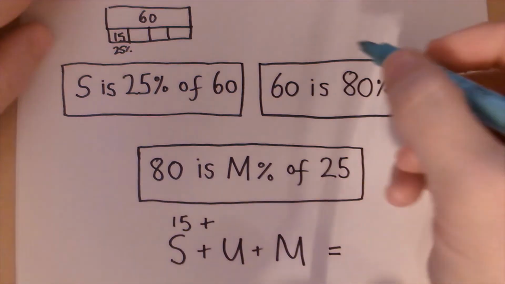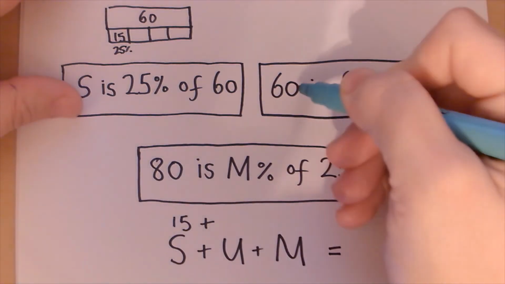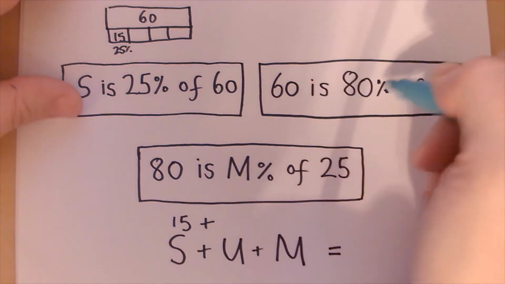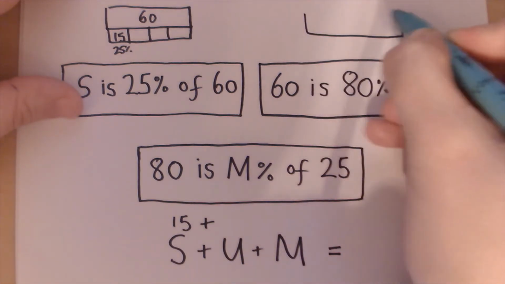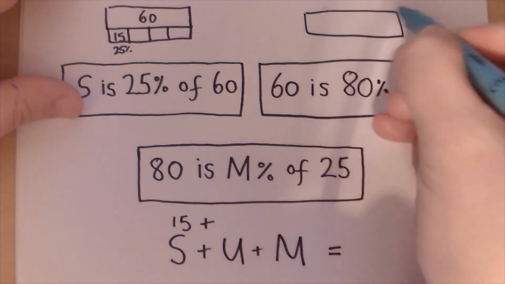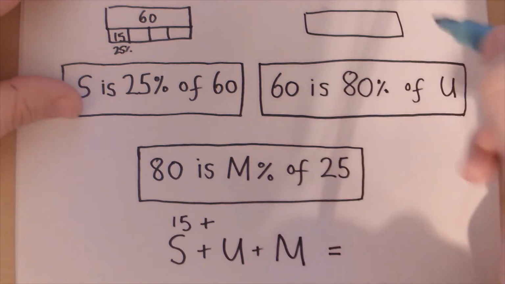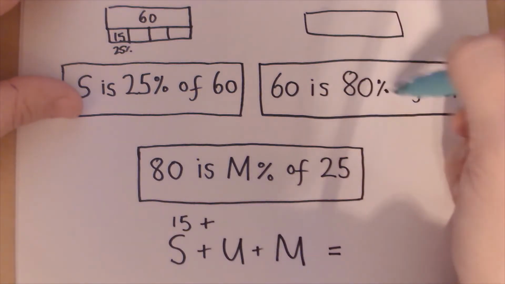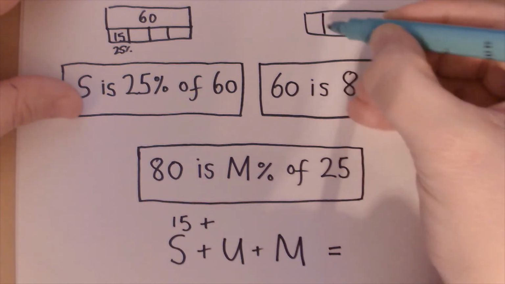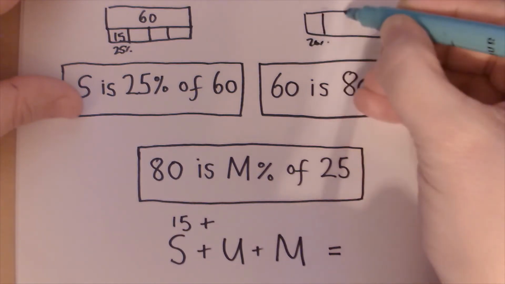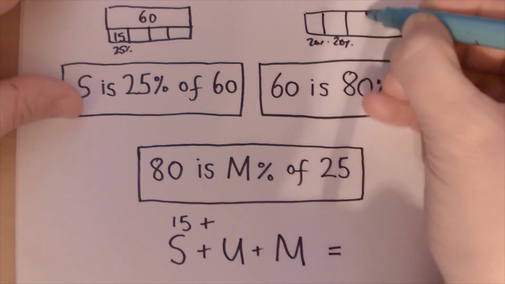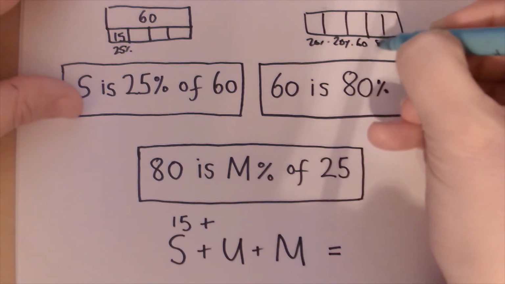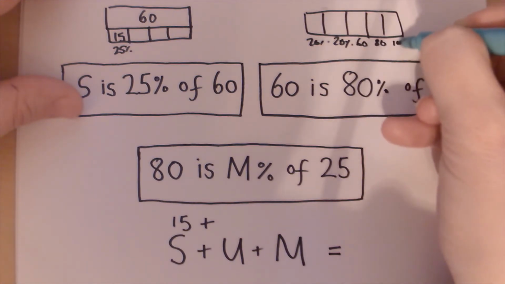And I'm going to draw another bar up here. 60 is worth 80% of U. So this whole thing here is my U. 60 is 80% of it. So I know that if I count in 20s, 20%, 40%, 60%, 80%, that would be 100%.